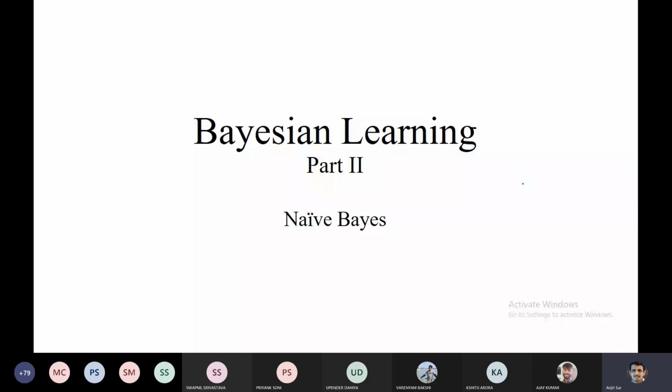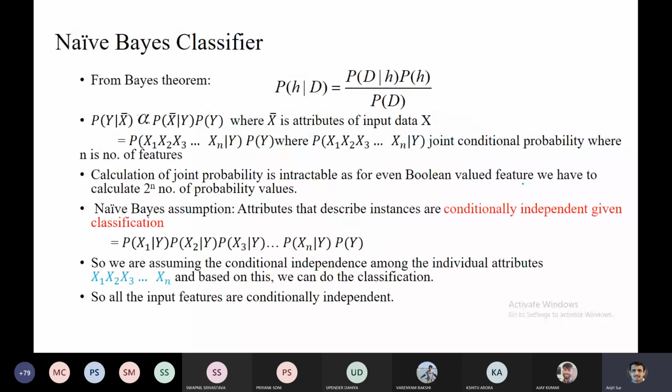So now the naive Bayes classifier also comes from the Bayes theorem, as you know. What do you have to understand here? As of now, what we said is the probability of y, that is the label of which class it belongs to, given the data sample x.